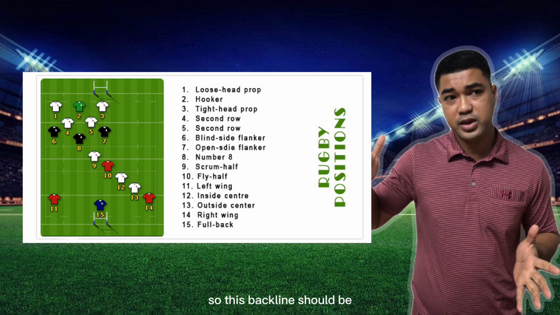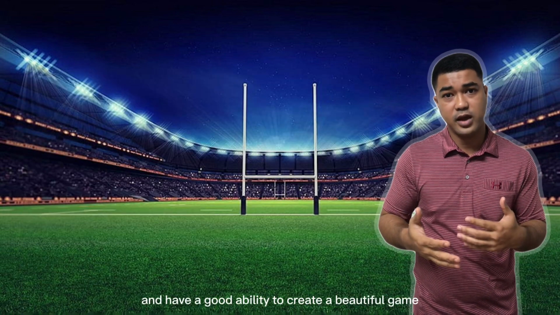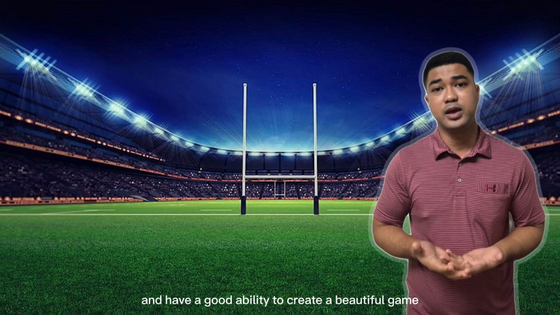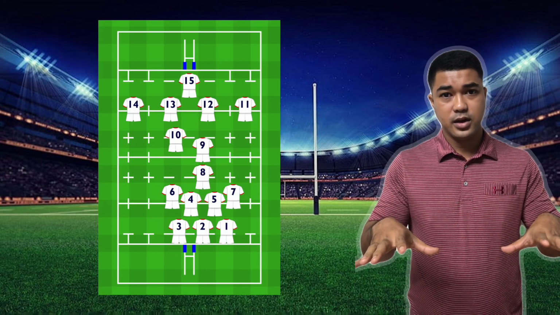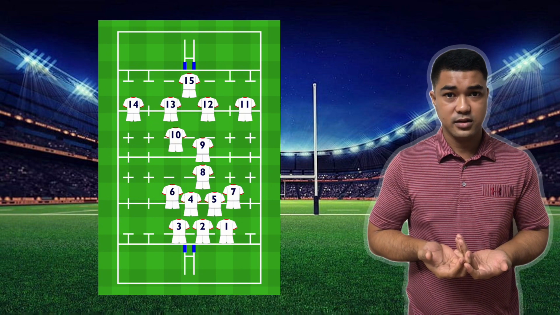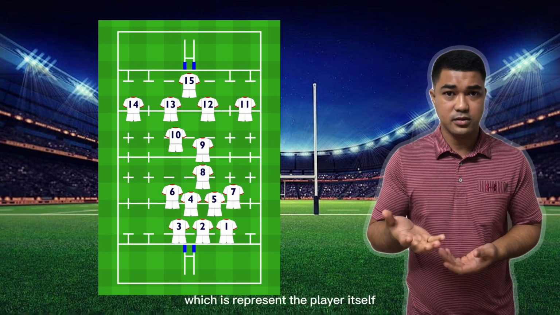So this back line should be running fast and have a good agility to create a beautiful game. So these all 15 players have number in the back of the jersey, which is represent the player itself.